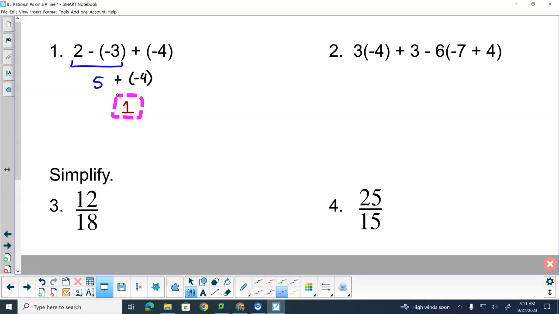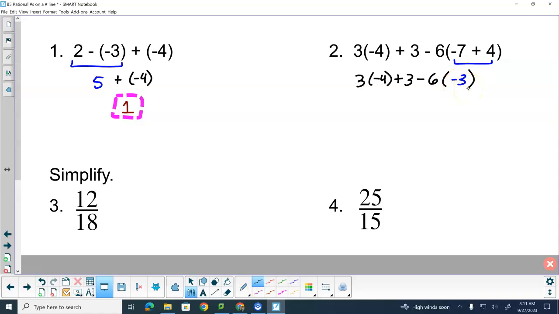Let's see. What are we going to do first? We're going to do -7 plus 4 because it's in a set of parentheses first. What is -7 plus 4? -3, right? So then this is 3 times -4 plus 3 minus 6 times -3.